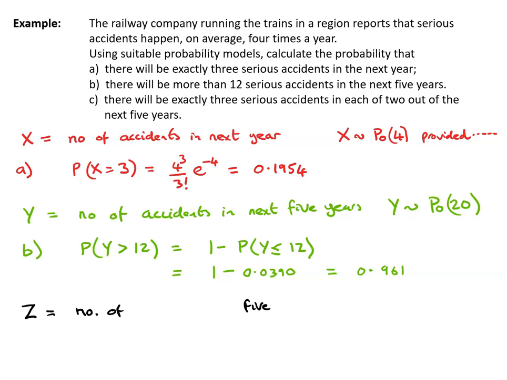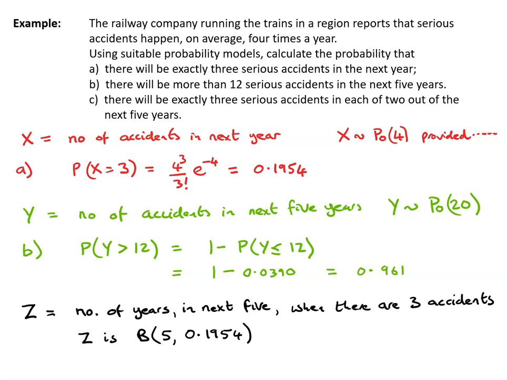For the third part of the question, if we let z equal the number of years in the next 5 when there are 3 accidents, then z is going to be binomial with n equals 5, because we're dealing with 5 years, and p equals 0.1954, because we know from part A that the probability of there being 3 accidents in a year is 0.1954.